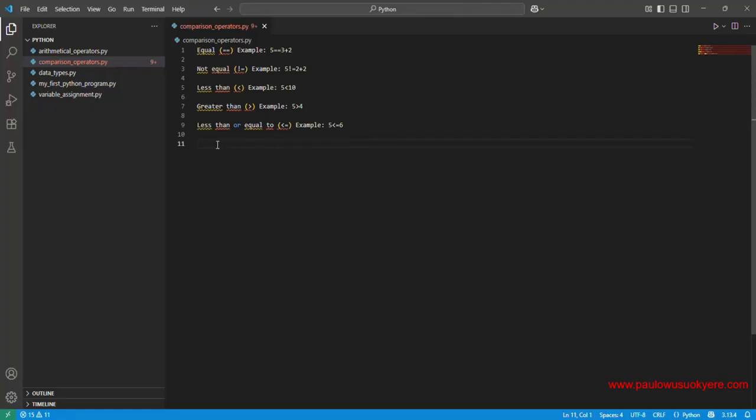And the next one, which is the last one, is greater than or equal to, which reads like this.